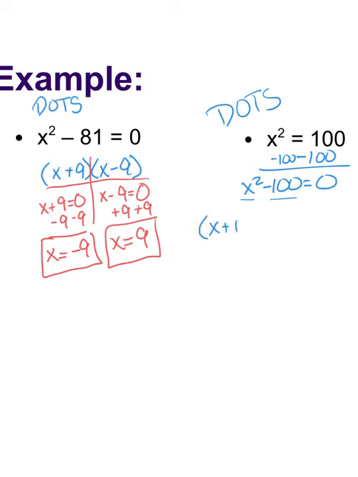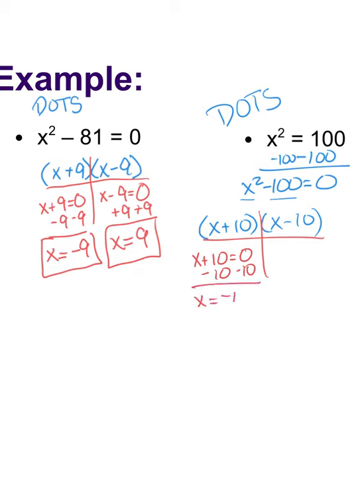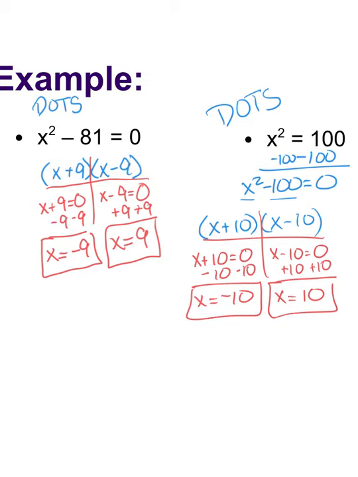So this factors to x plus 10 and x minus 10. I'm then going to T-chart. And when I T-chart, I set each factor equal to 0. And when I solve, here I get x equals negative 10. And here, when I add, I'm going to get that x is equal to positive 10. So I get two answers.